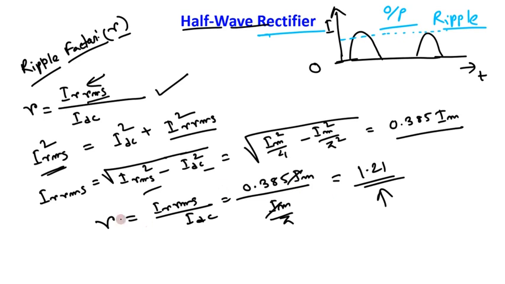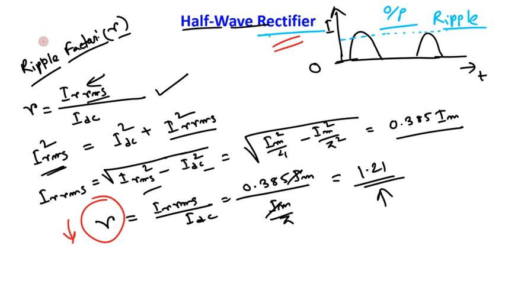Now in this context I would like to mention that the less the magnitude of the ripple factor, the better is the rectifier. So for a pure DC value the ripple factor would be minimum, and as the ripple factor value increases, you can think of it like there are more ripples, more fluctuations in this output part.